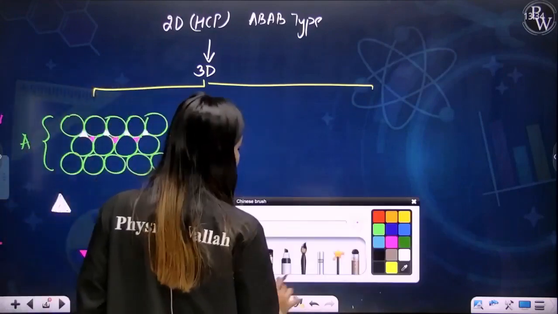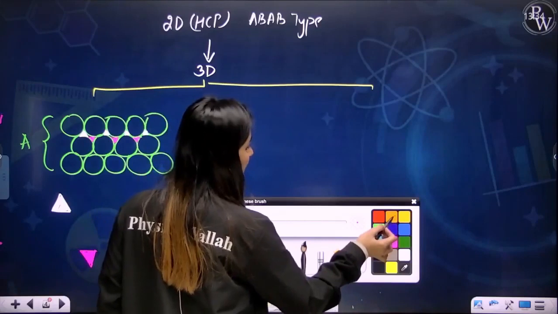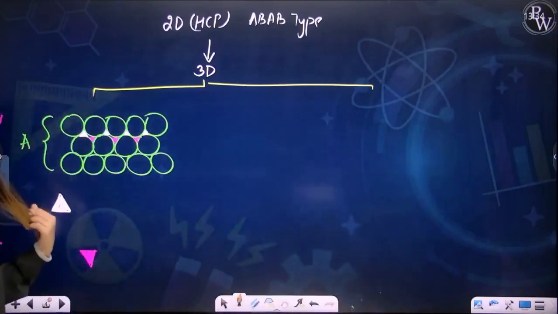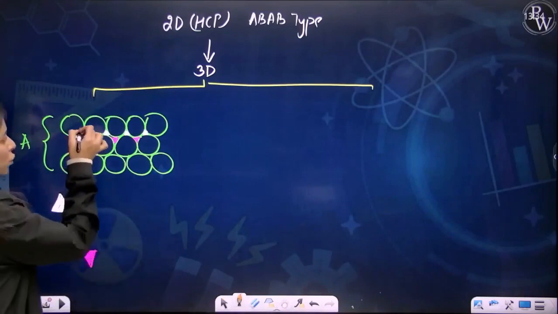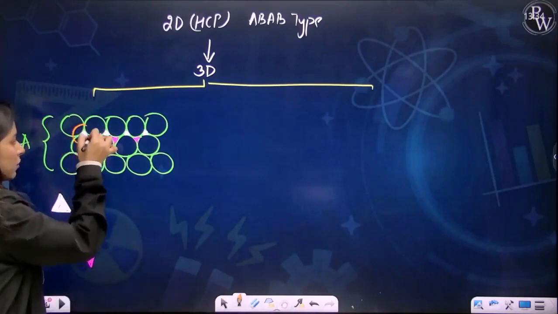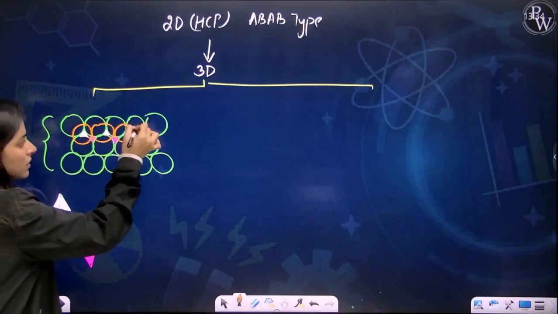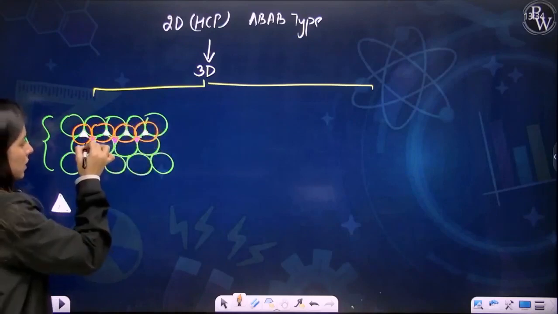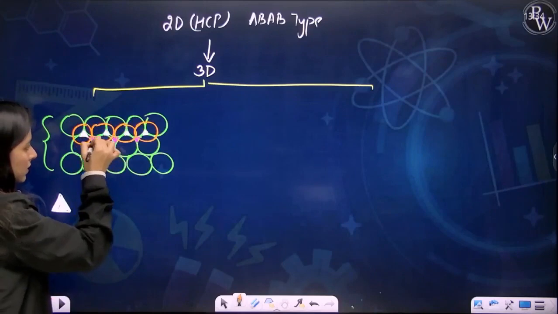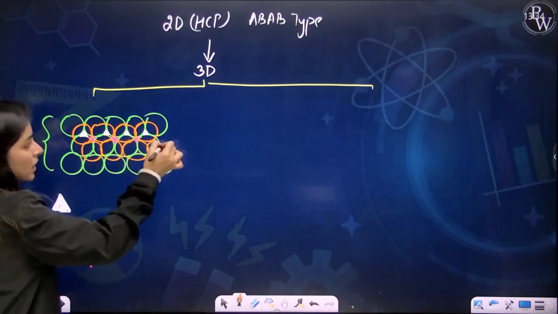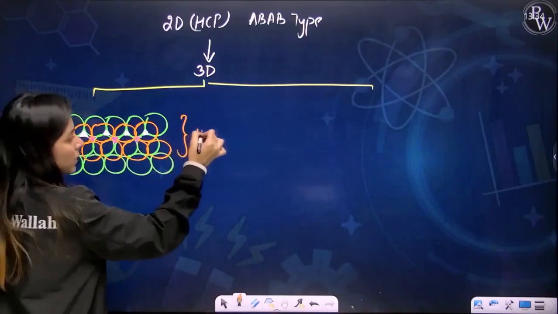Now we'll check which type of voids these are. To understand these, my dear students, what are you going to do? You will put a B layer covering the white voids, like this, like this, like this. So this orange one is your B layer.